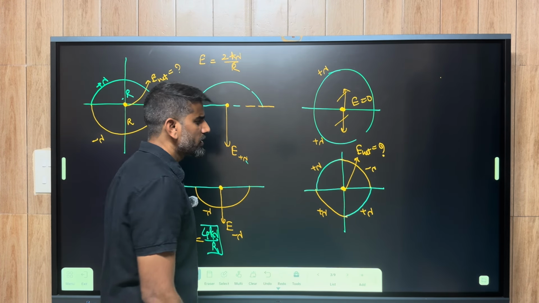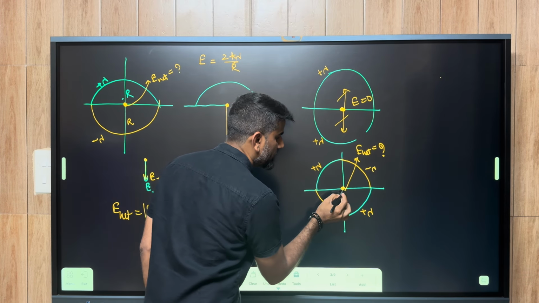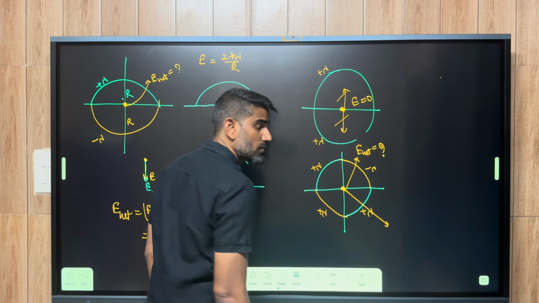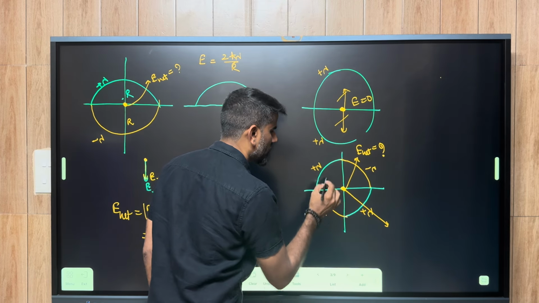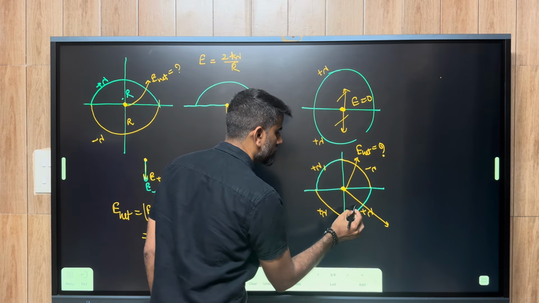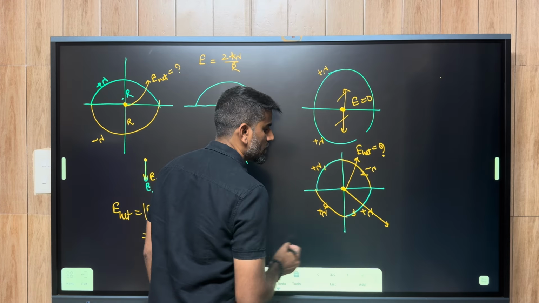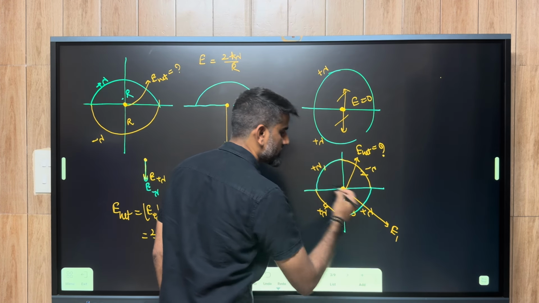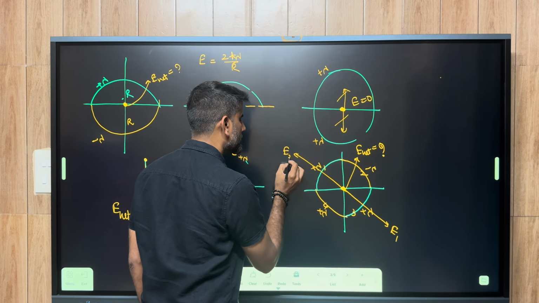Now, as we all know, the electric field due to this quarter circle will be in this direction. And the electric field due to this section, I'm taking them as 1, 2, 3, 4. Electric field E1 is in this direction, and electric field E3 will be in this direction.